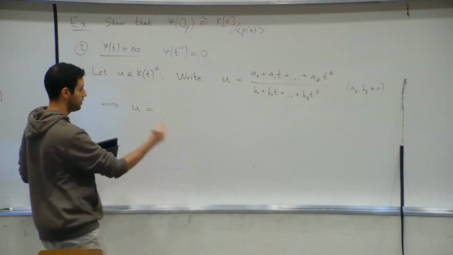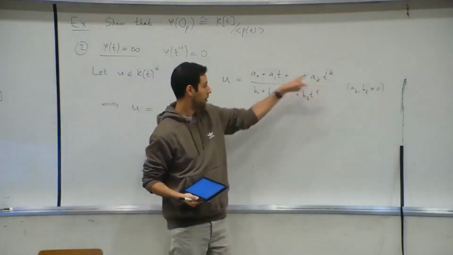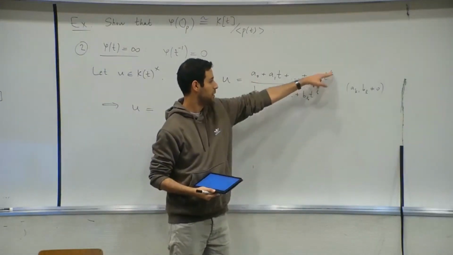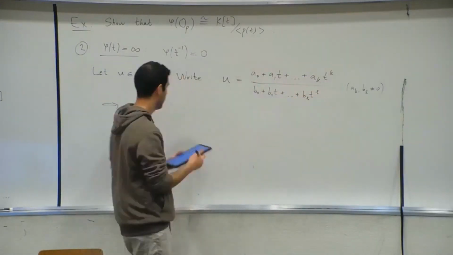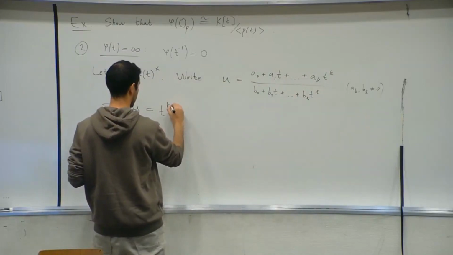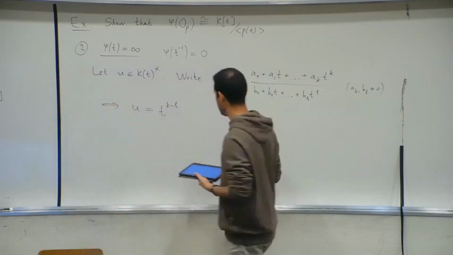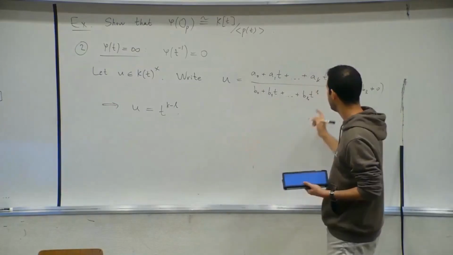what can we do? We can factor T out, take T to the K out of the numerator and T to the L out of the denominator, so we get T^(K-L) times, so times what?